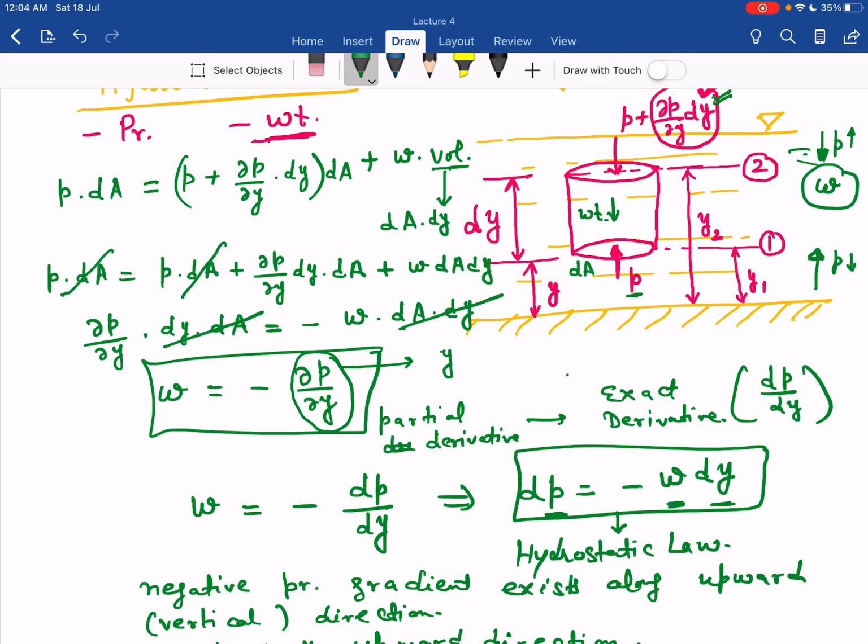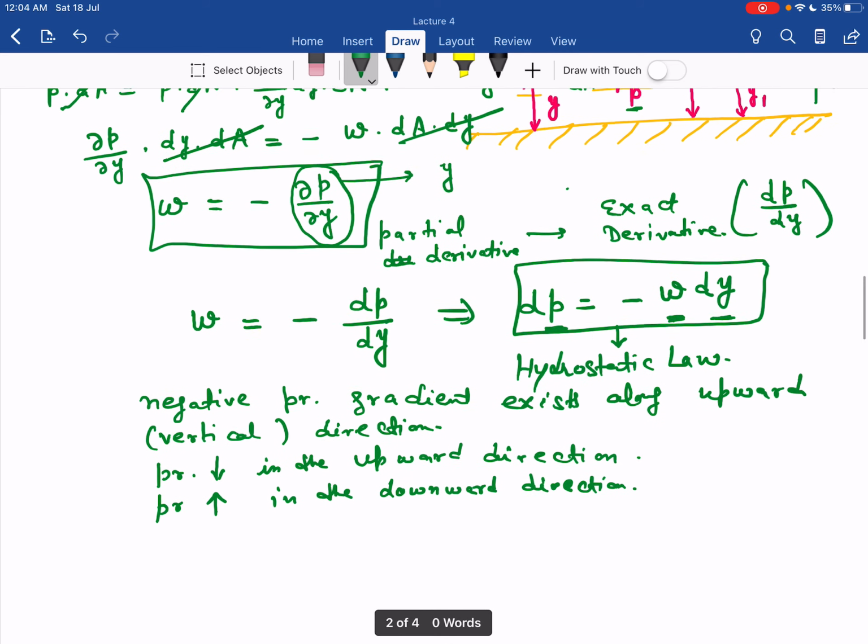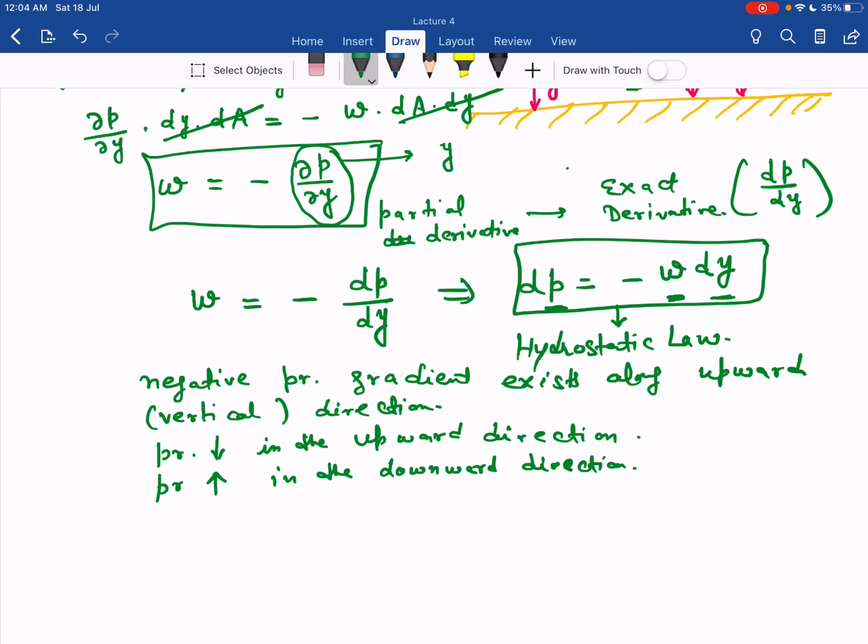Now further, if dy is equal to 0, the meaning is that our fluid element is like a surface. So from this equation, dP is equal to 0.